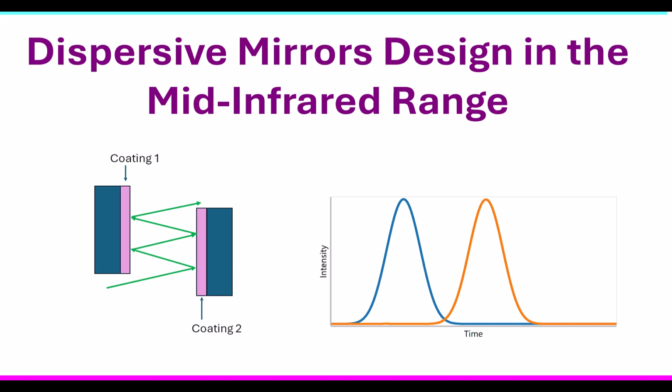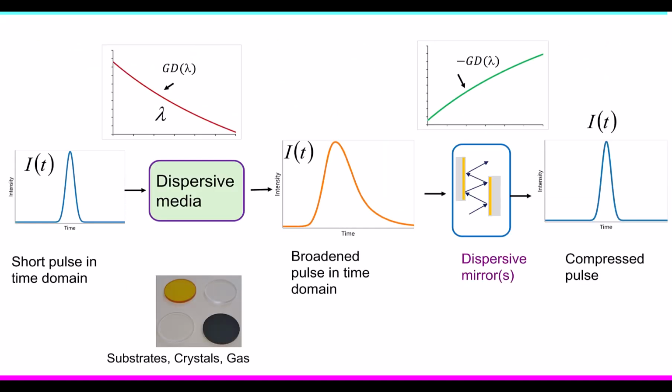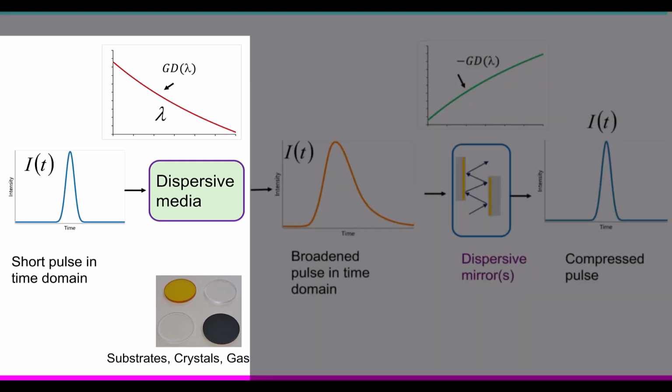Modern laser applications rely on broadband dispersive mirrors with high reflectance and a carefully tailored group delay shape. The shape controls the phase of ultrafast laser pulses. This schematic illustrates how dispersive mirrors operate. As a short pulse propagates through dispersive media, it accumulates group delay. In mid-infrared laser systems, pulses may travel through optical windows and crystals such as zinc selenide, germanium, zinc sulfide, and others.